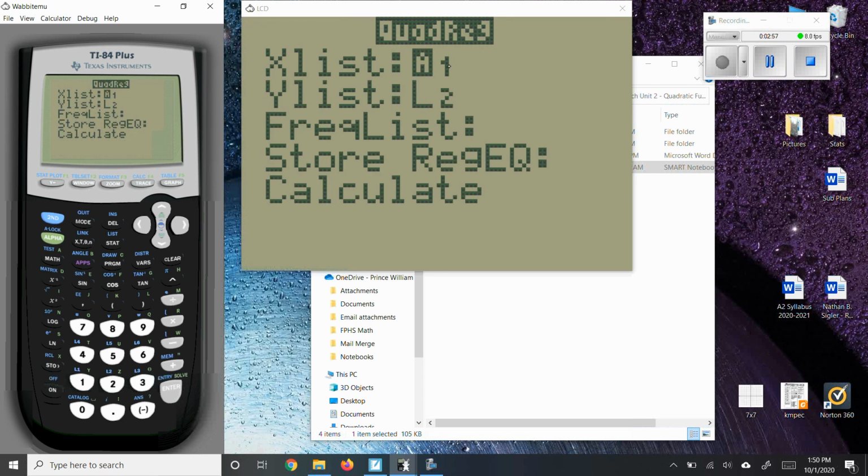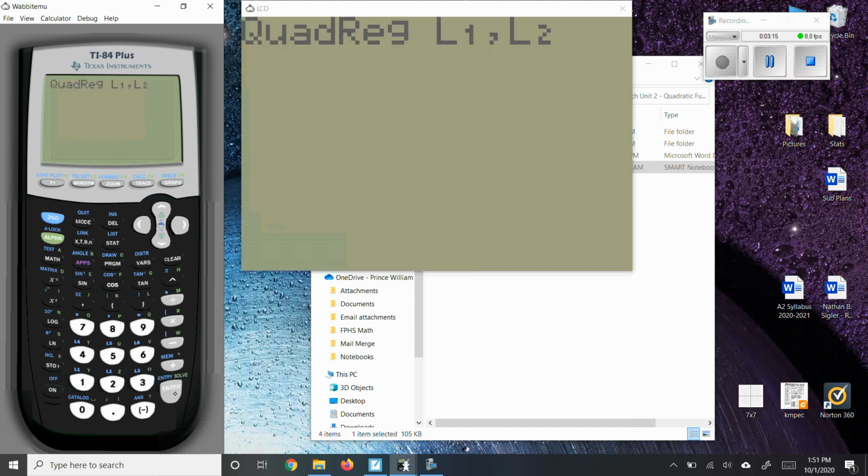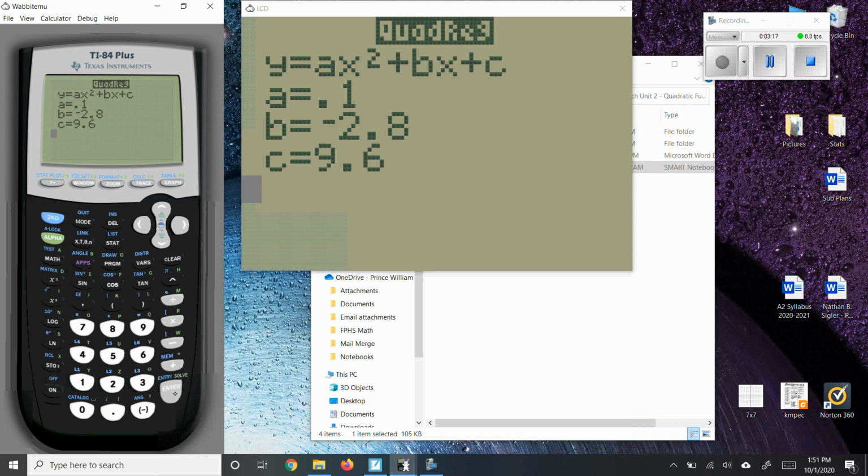So it's asking me, where did I store the x values? Well, if you recall, we stored the x values in the first list and the y values in the second list. So we can just arrow all the way down and ignore all this other stuff, and then go to the calculate menu. When I press enter, it gives me a, b, and c. It also tells me what the generic function is, ax squared plus bx plus c.